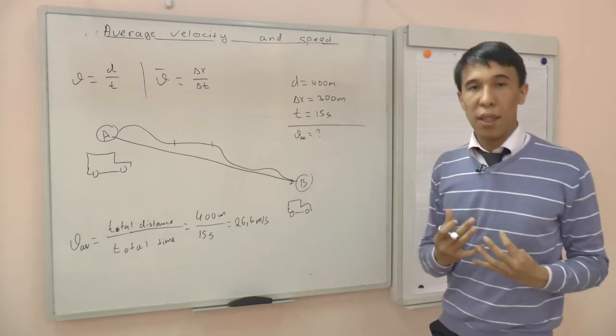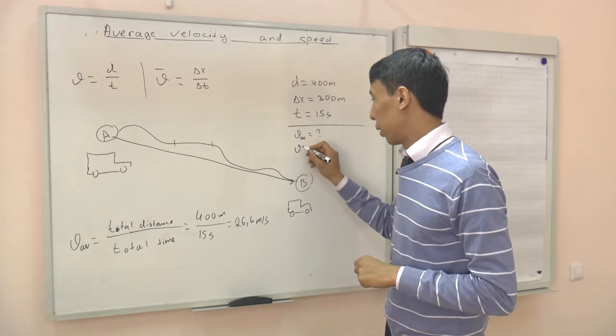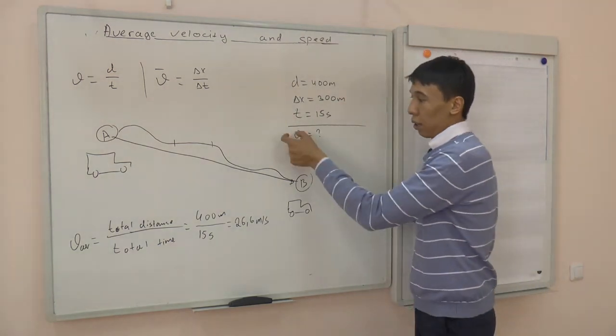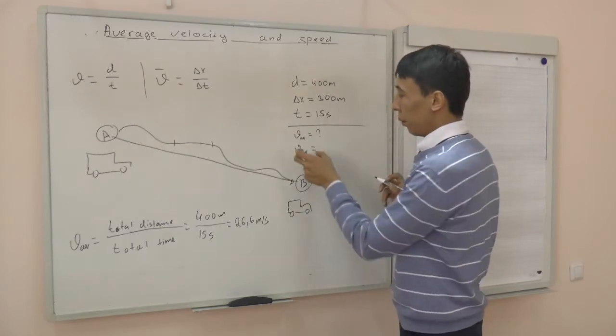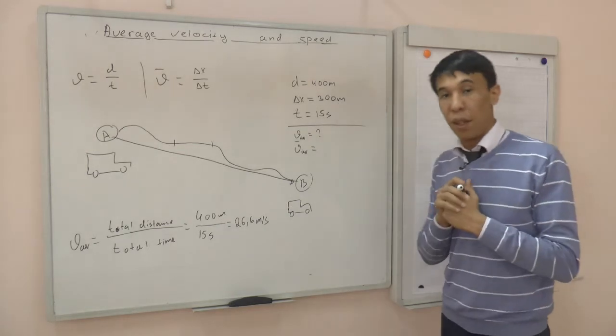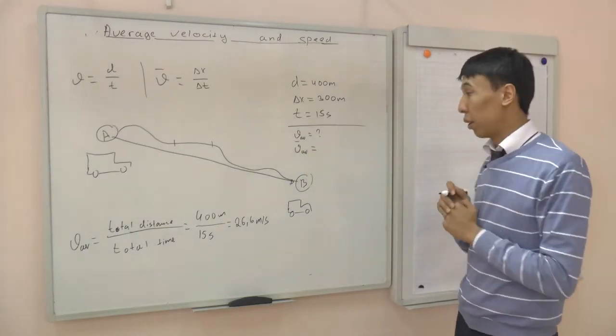But if they ask average velocity, let's write speed as v and average velocity with the straight line at the head of the velocity, okay? Because it's a vector quantity.